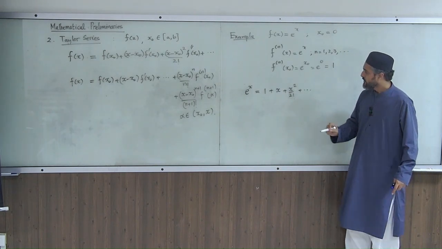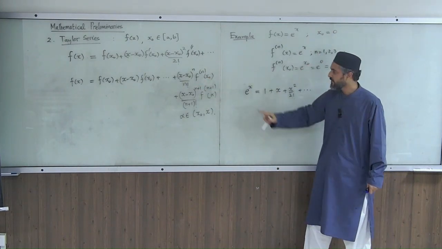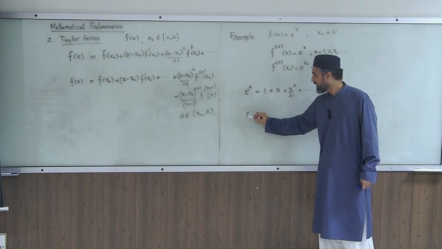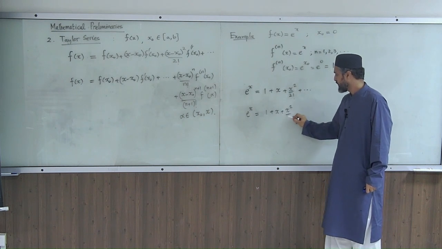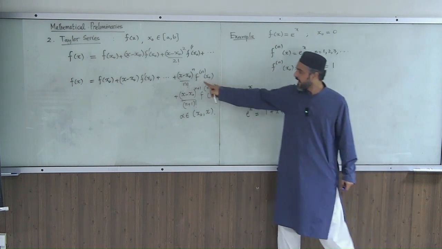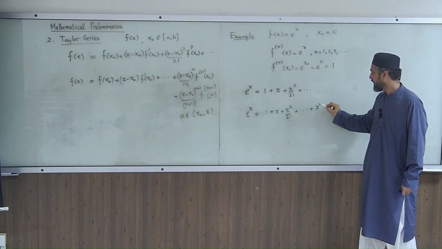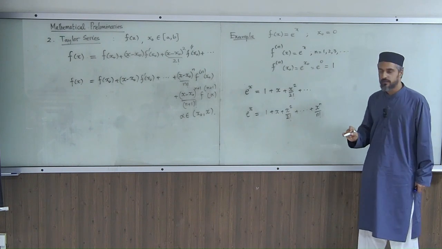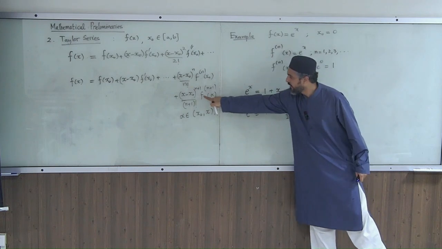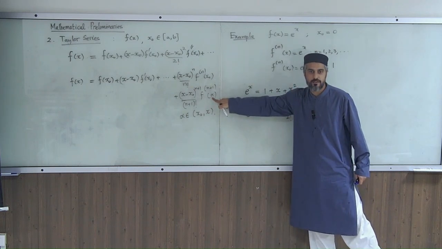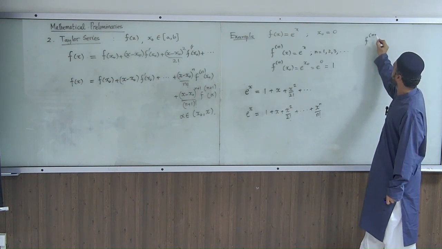So now let's take the finite representation of e power x, which is this. I can write over here e power x is equal to 1 plus x plus x squared over 2 factorial plus, nth term is what? Nth term is x power n over n factorial. And here you see, rather than x naught, we have alpha. What will be the nth derivative with respect to x?